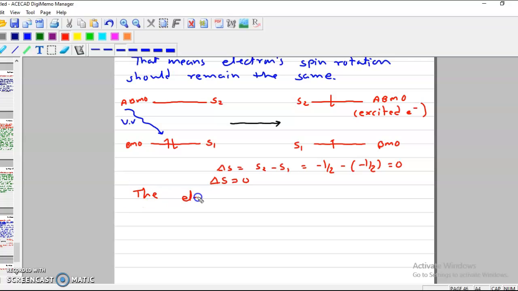The electronic transition in which delta S is equal to 0 is known as allowed transitions.